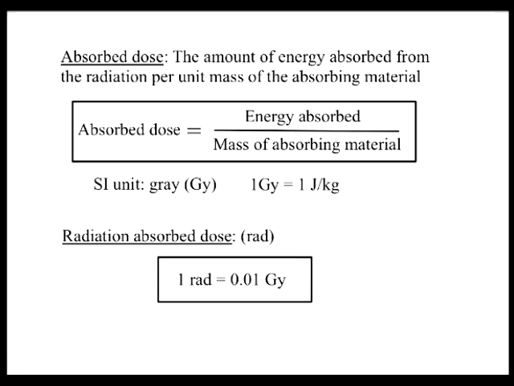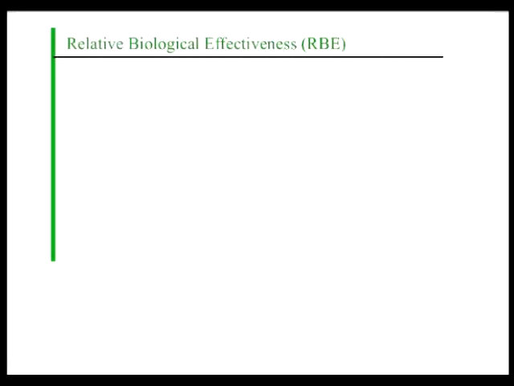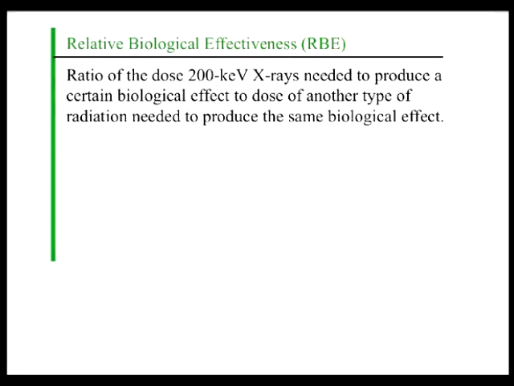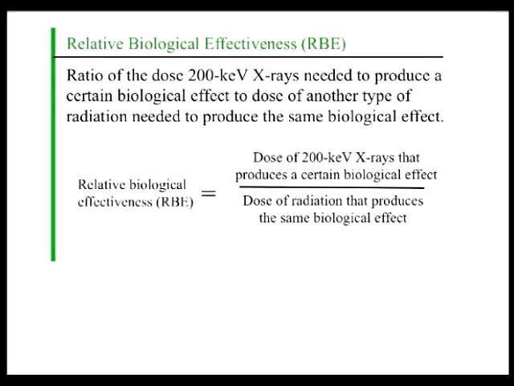To compare the damage caused by different types of radiation, the relative biological effectiveness, or RBE, is used. The relative biological effectiveness of a particular type of radiation is the ratio of the dose of 200 kilovolt X-rays needed to produce a certain biological effect to the dose of the radiation needed to produce the same biological effect.